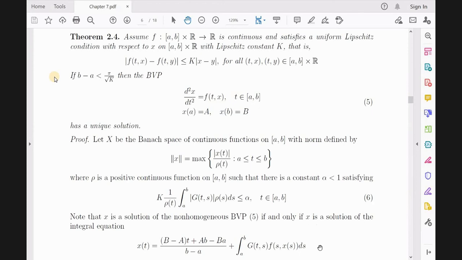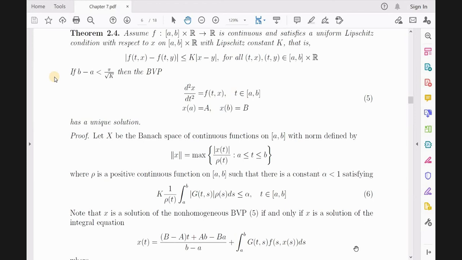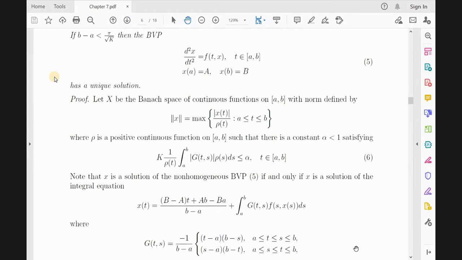So you can see this can be expressed as this: x of t is (B minus A) over (b minus a) into t plus (aB minus bA) over (b minus a) plus integral from a to b of g(t,s) f(s, x(s)) ds, where g(t,s) is the Green's function defined as g(t,s) is minus 1 over (b minus a) into (t minus a) into (b minus s), where a is less than or equal to t is less than or equal to s is less than or equal to b.